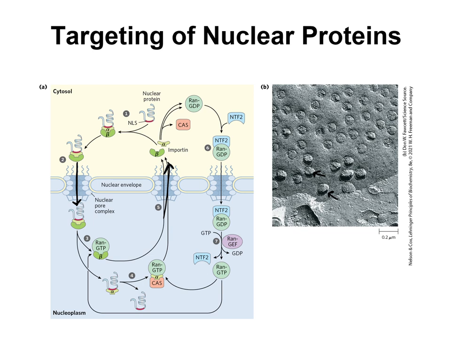And in the process, the RAN GTP will hydrolyze its GTP to GDP. Now we've got RAN GDP in the cytosol. In order for it to act as a transport, it needs to have GTP bound.